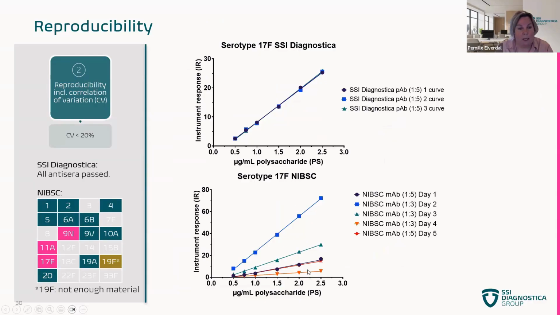We didn't see any stable data and were not able to reproduce the data, for example here 17F. Unfortunately, we had to leave out the 19F after this testing because we didn't have enough material and could not get the material home in time to include it in the rest of the testing. But after this reproducibility testing, we lost 3 serotypes.